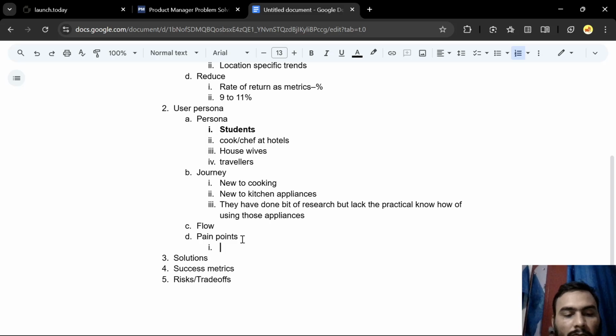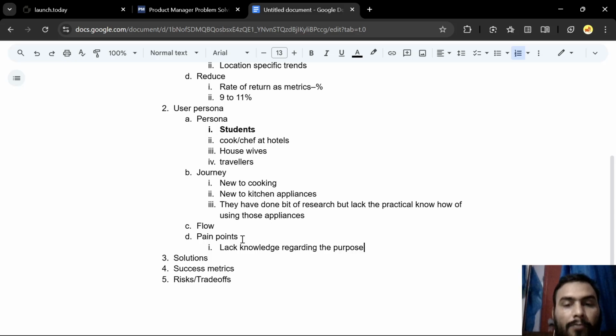So these can also be counted into this. So maybe they order the wrong one, supposing that they lack knowledge regarding the purpose of the appliance.